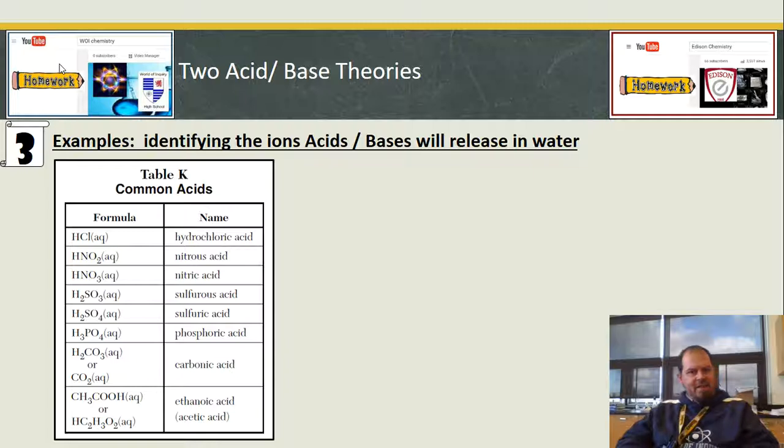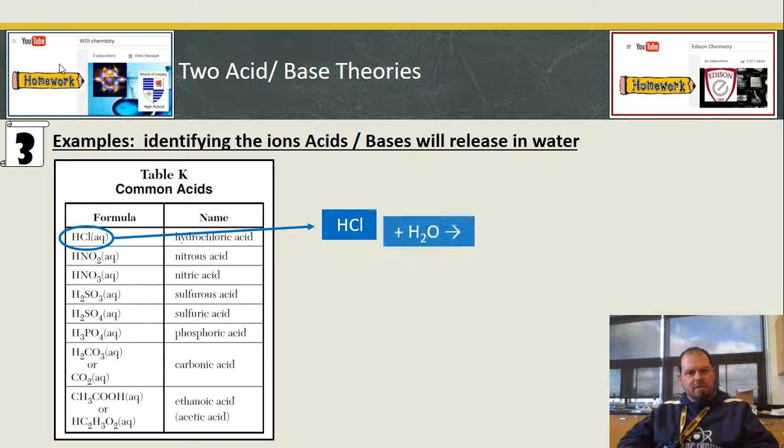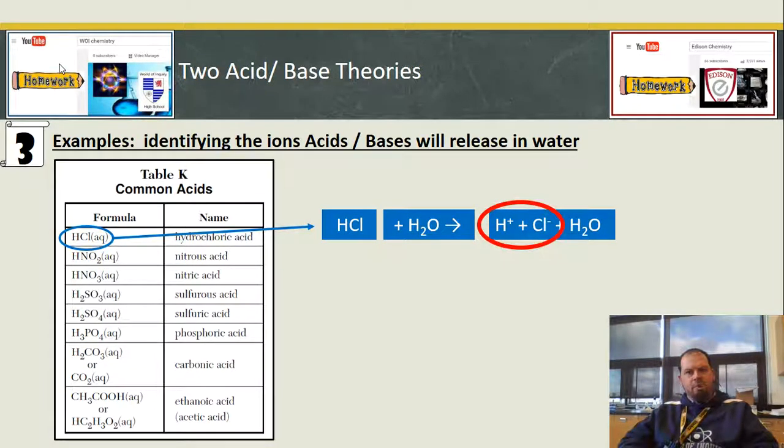Let's identify examples of these things using the tables. So notice here's table K, and notice all of the acids do just about start with H. The only one that doesn't start with H is CH3COOH, and there are alternate formulas for those that, of course, do start with H. When we pick these things out, HCl, put it in water, it's going to form H plus, Cl minus, plus H2O.